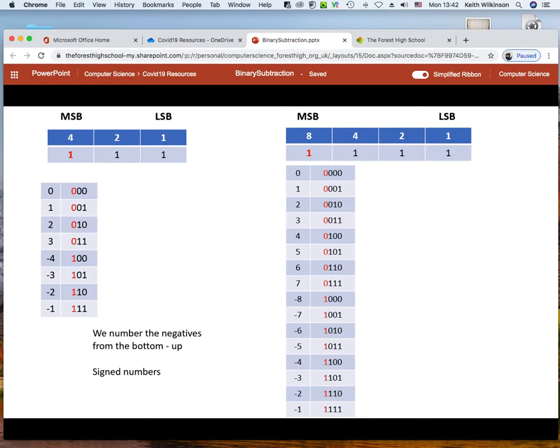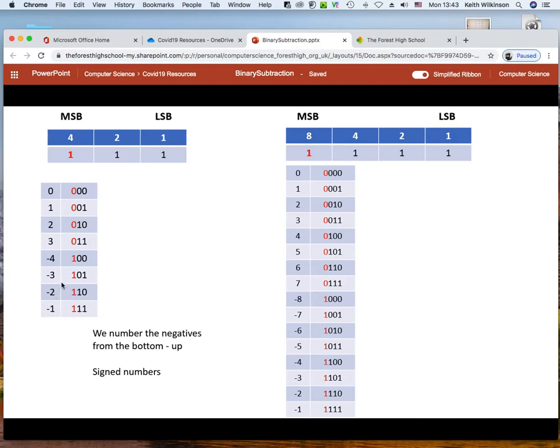So let's take a look. If I have signed binary, I have a little bit of difference in my counting. Let's take a look at the 3-bit pattern. I went 0, 1, 2, 3, and then they were all my positive numbers. Now I've got my negative numbers, but we do the negative numbers from the bottom upwards. So -1 is always the bottom number. It's always full of 1s. So that's negative 1, 1, 1.